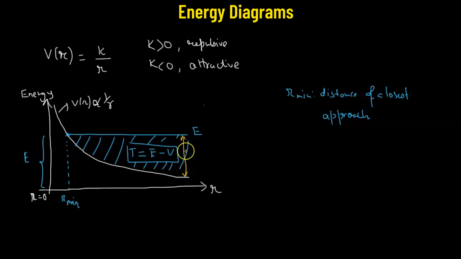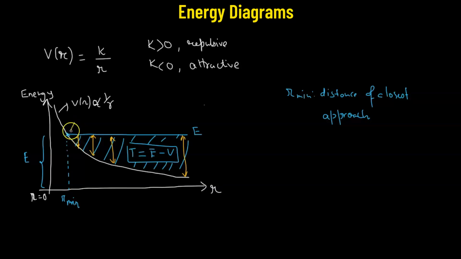So this is the initial kinetic energy, and as it moves closer to the force center, its kinetic energy is decreasing. Now there will be a point, the distance of closest approach, or R minimum, when the velocity is going to be momentarily 0, or we can say that the particle comes to rest at this particular point.